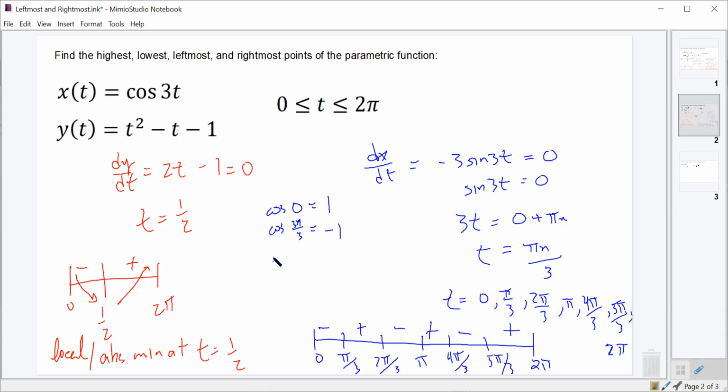And then if we go with 2 pi over 3 times 3, that's going to just be the cosine of 2 pi, which will be 1. And then we're going to end up with the cosine of 3 pi. That's going to be -1. This one's going to be 1, and then another -1. Everybody agree that that's what the pattern is going to look like?